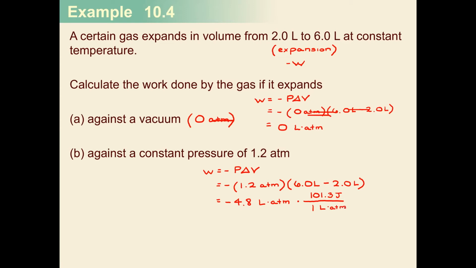If that is the case, we are now going to see that our work that we actually calculate is a negative 486.2 joules. This will allow our work to be compared to our enthalpy and we will have the same units.